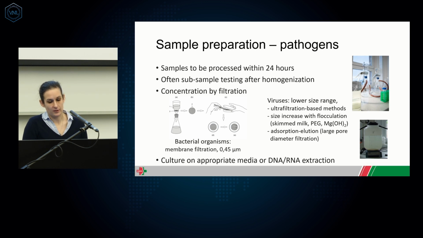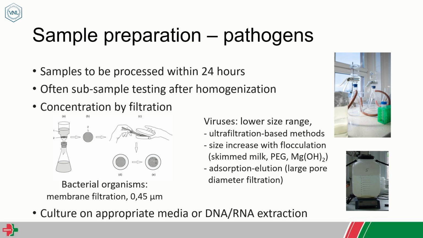In the case of bacterial organisms, it's a simple membrane filtration. However, for smaller viral organisms, which represent a lower size range, we have to use lower pore diameter filtration, for example, ultrafiltration, or some special methods like size increase with flocculation.